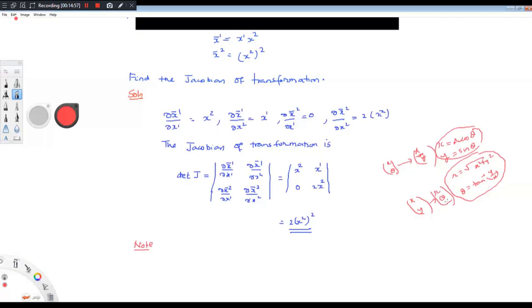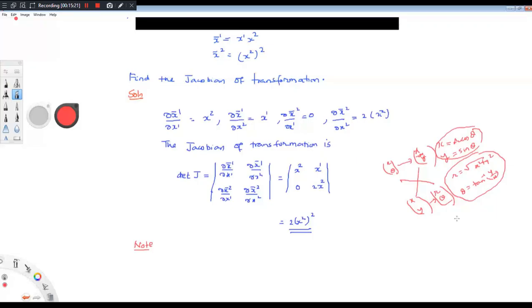So these two are inverse processes. They are reverse processes.